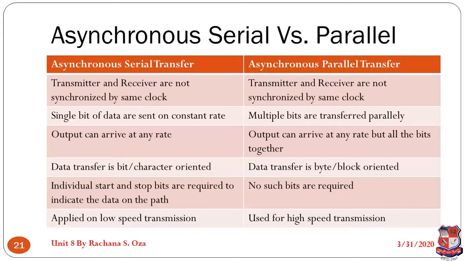Now, in asynchronous serial transfer, we need to take one small headache: we need to indicate to the receiver that a particular bit indicates the start of the message. That is known as a start bit, and we need to supply the last bit as an end bit, known as a stop bit. In between, the message will be available. So the receiver has to remove the first bit and the last bit to perceive the complete message.